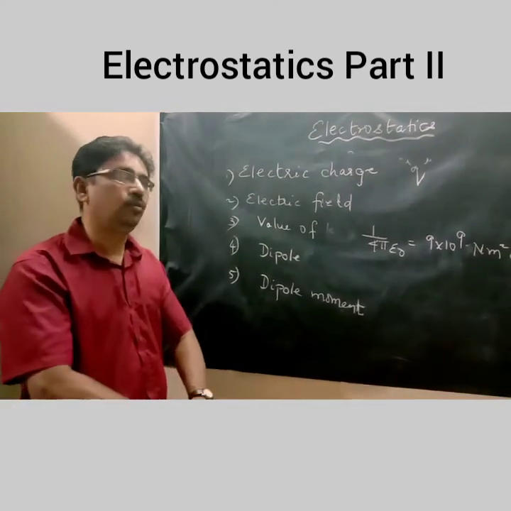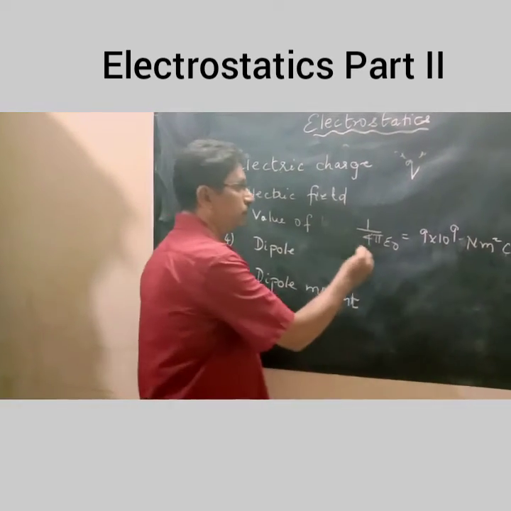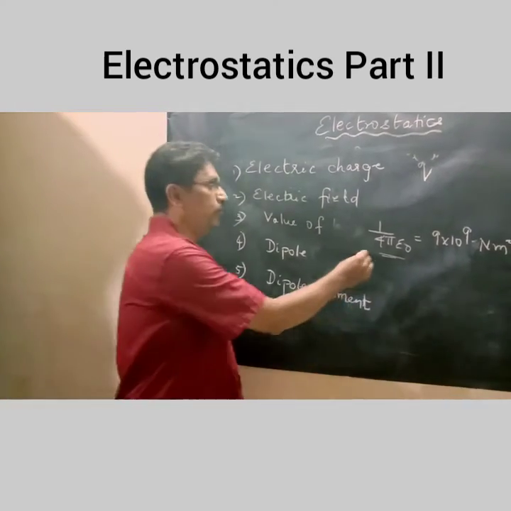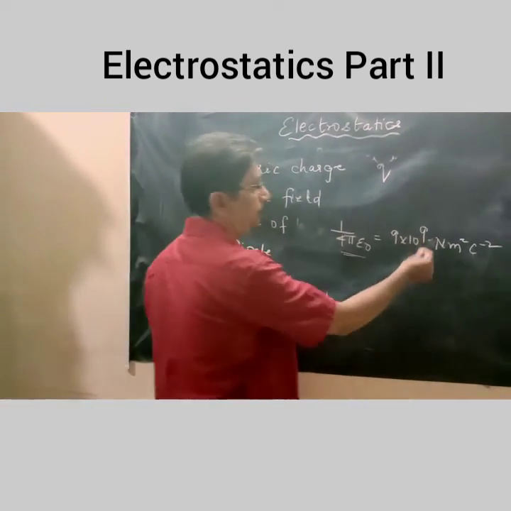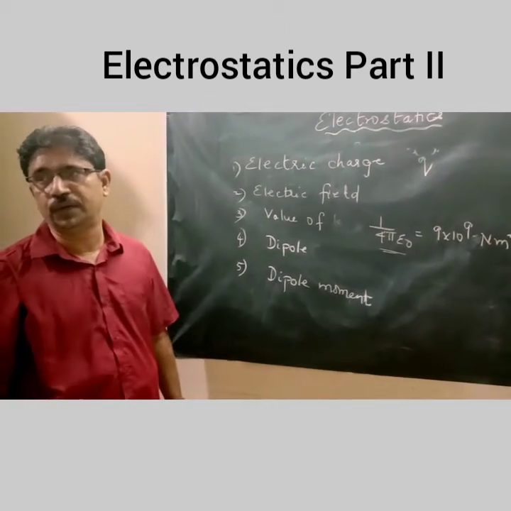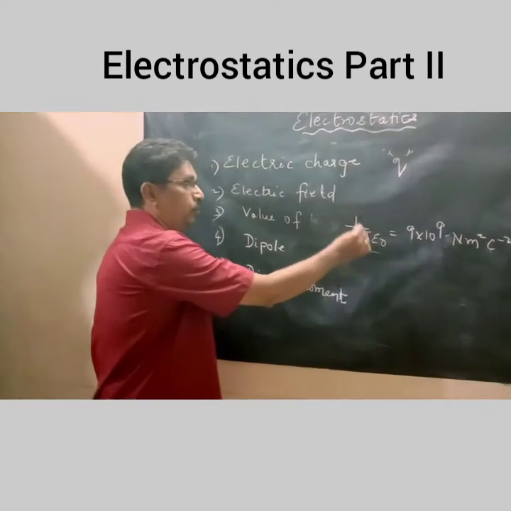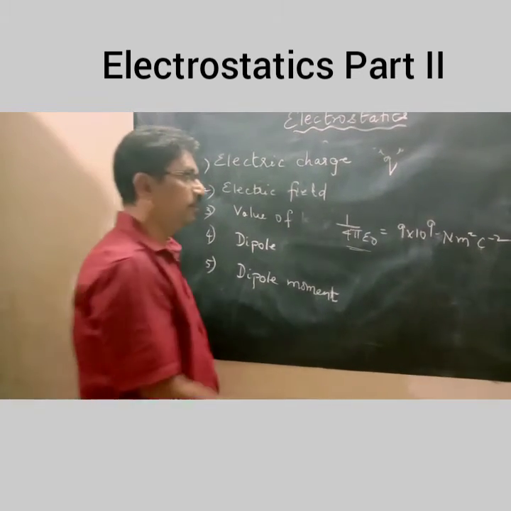Next one is the symbol 1 by 4 pi epsilon naught. The value of 1 by 4 pi epsilon naught is 9 into 10 power 9 Newton meter square per coulomb square. Why do we use this value?